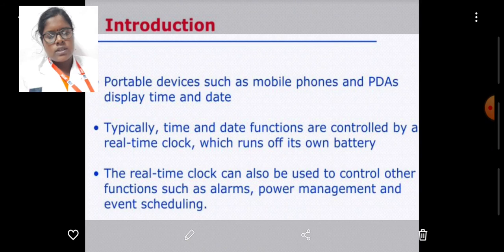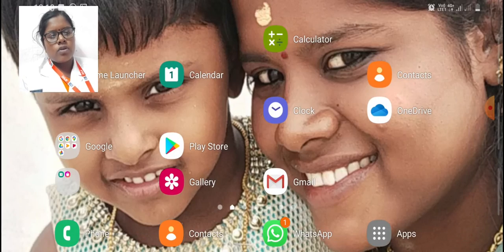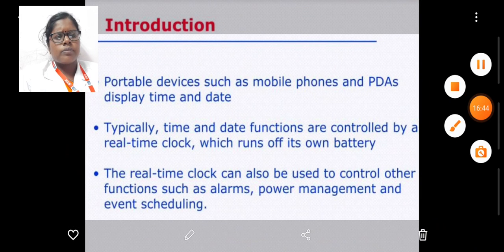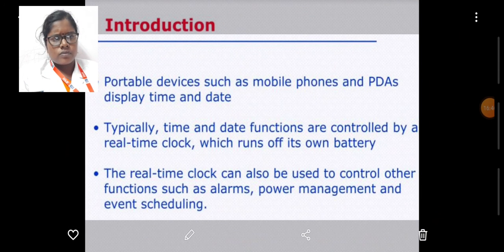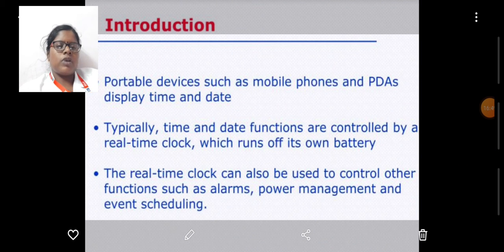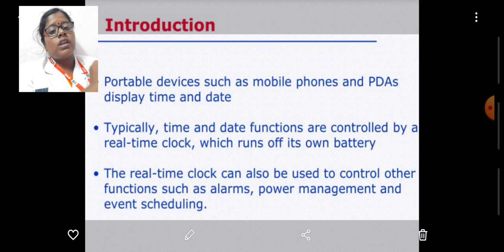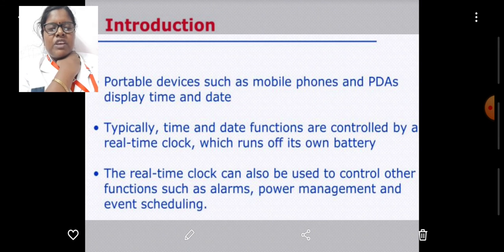Then we have seen about RTC, the real time clock, and how it is used for portable devices such as mobile phones and laptops. In laptops also we use RTC, because we don't want to change the file timings. If we are saving a document, we have to refer to that date and time. So here we have to use RTC.